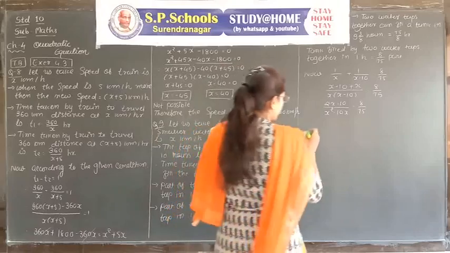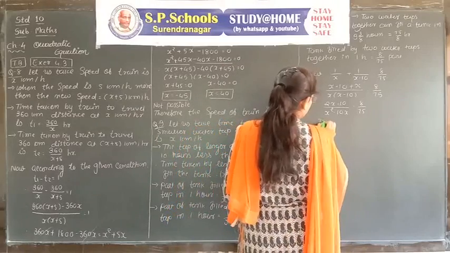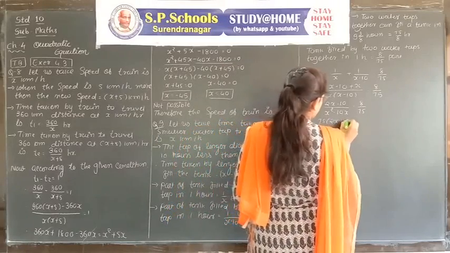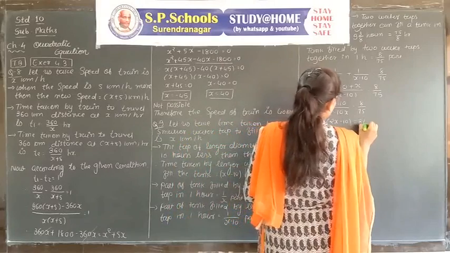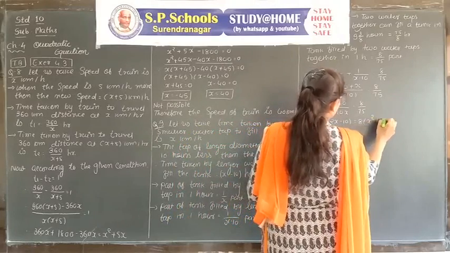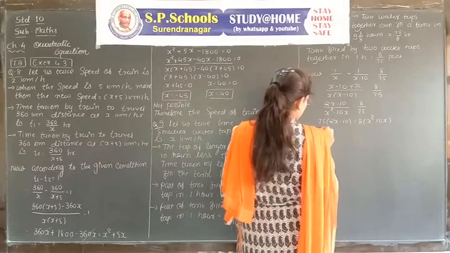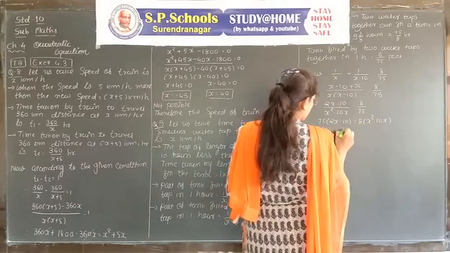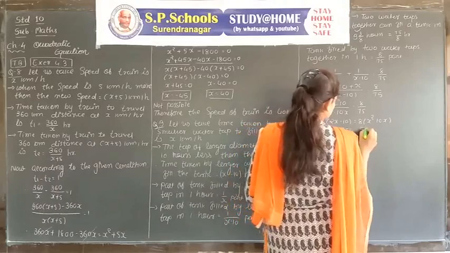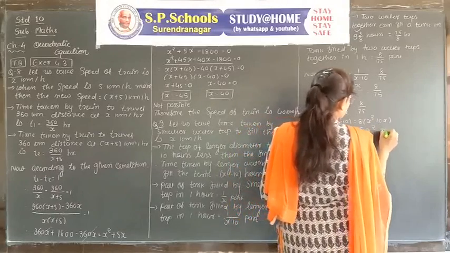Now we multiply cross here. 75 into 2x minus 10 is equal to 8 into x square minus 10x. That's why 150x minus 750 is equal to 8x square minus 80x.